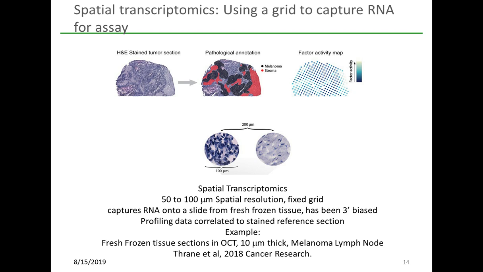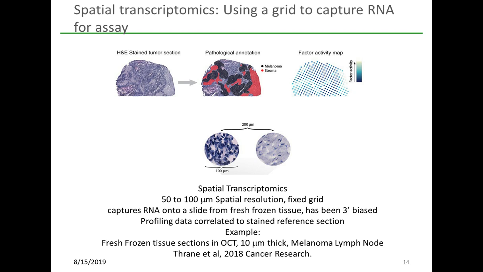So I wanted to cover a couple of the technologies, and what I've done here is gone to publications so I can talk specifically about that publication. This is Spatial Transcriptomics, which was really the first of the methods out there.